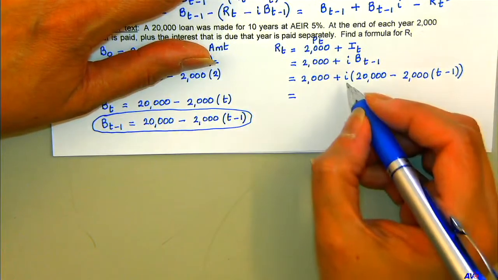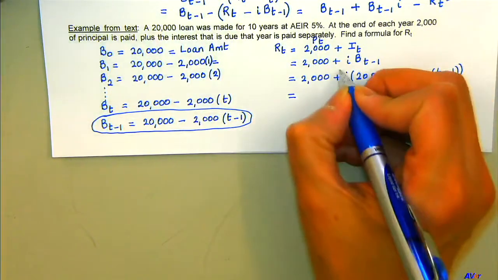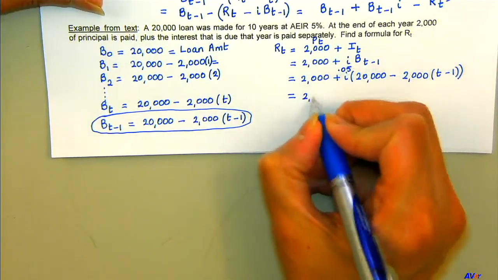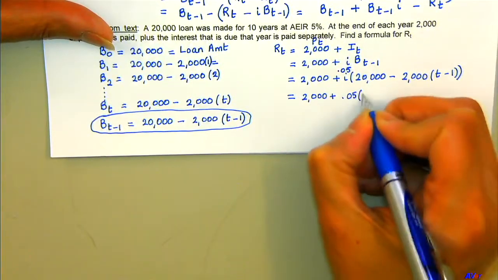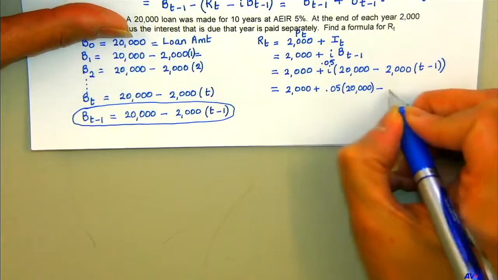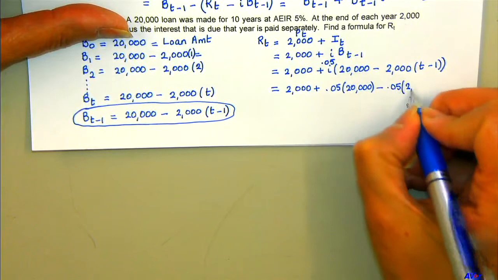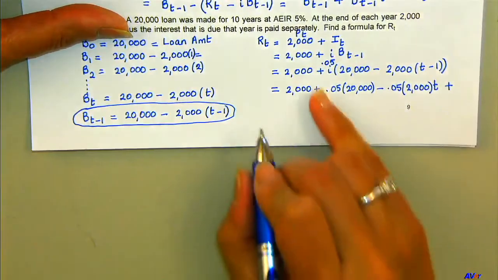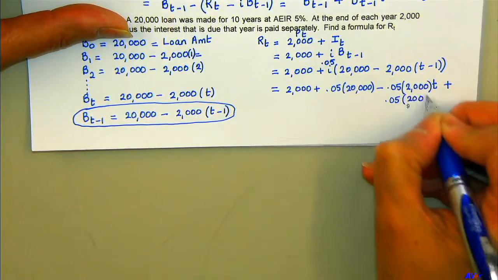So i is equal to 0.05 in this problem. I can put that in right here, 0.05. So I get 2,000 plus 0.05 times 20,000 minus 0.05 times 2,000t plus 0.05 times 2,000.